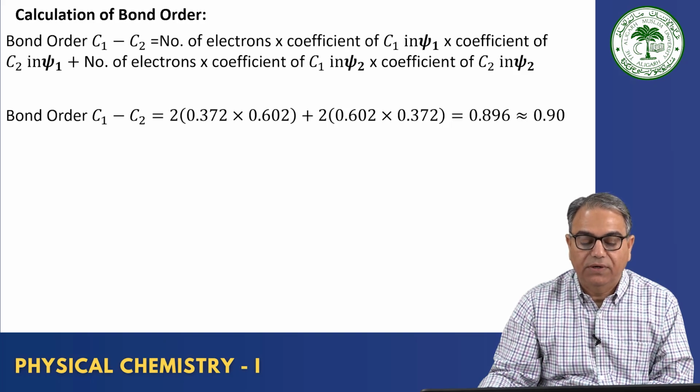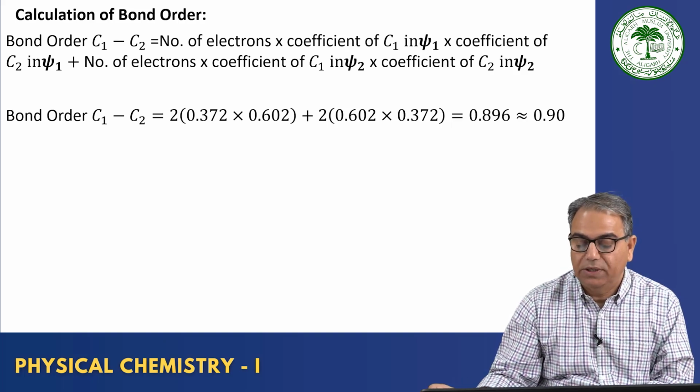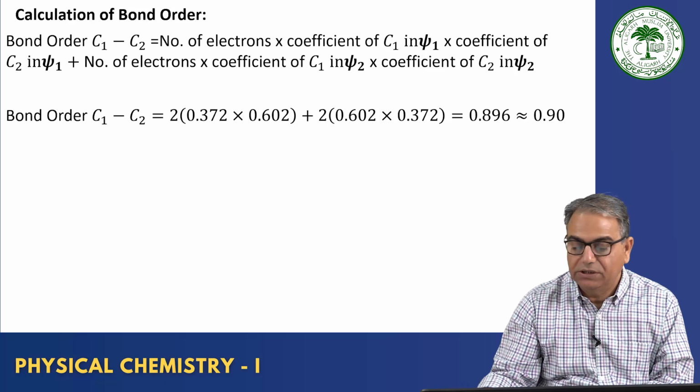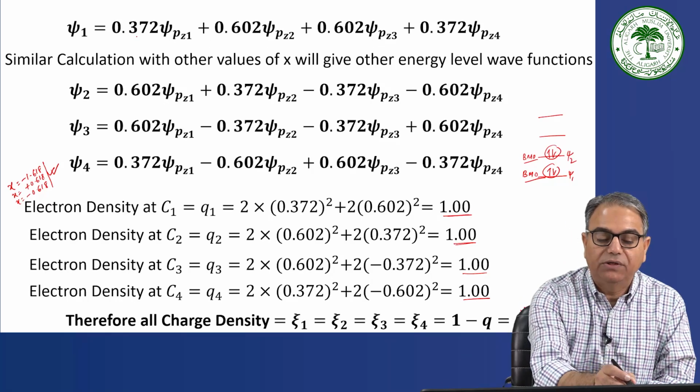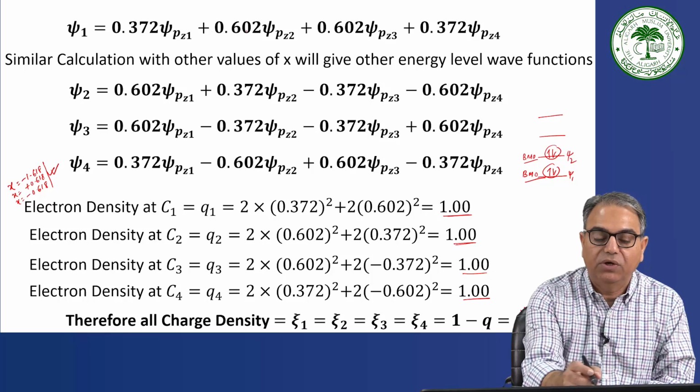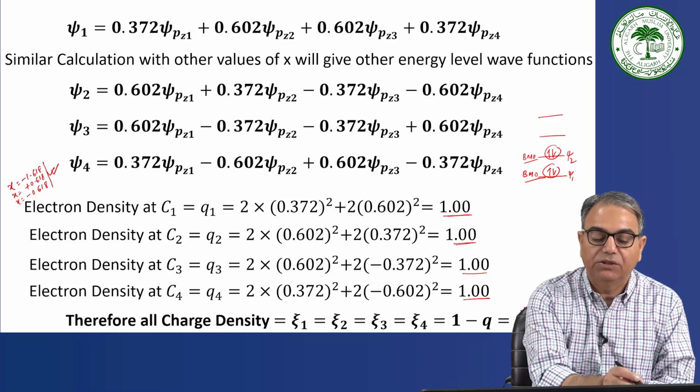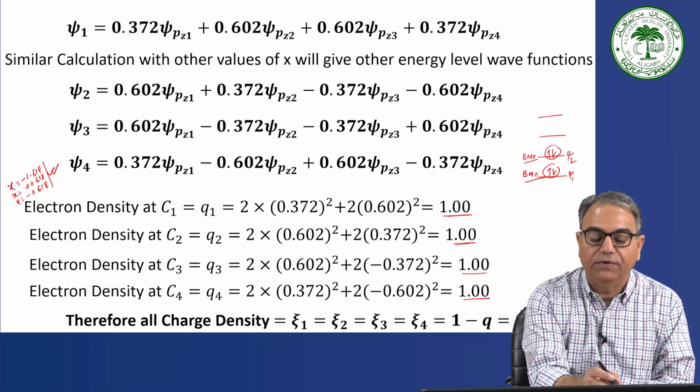So 2 is the number of electrons, and then what is the coefficient of C1 and C2 in psi1? It is 0.372 and 0.602. If you go back and see, in psi1 you have these two coefficients, and in case of psi2 you have these two coefficients.